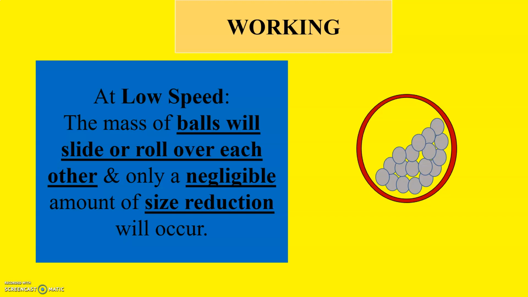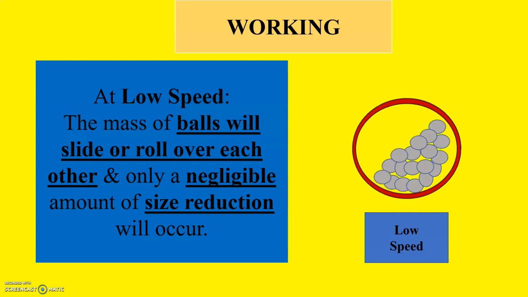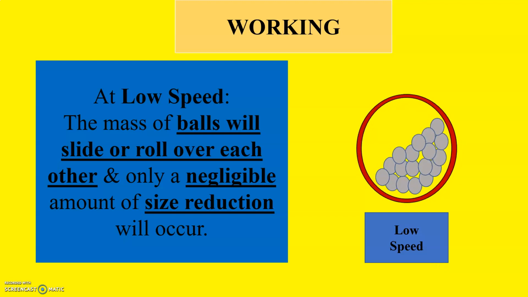At low speed, the mass of balls will slide or roll over each other, and only a negligible amount of size reduction will occur. Here in the diagram you can see after the rotation the balls will slide or roll over each other. So only a negligible amount of size reduction will occur at low speed.